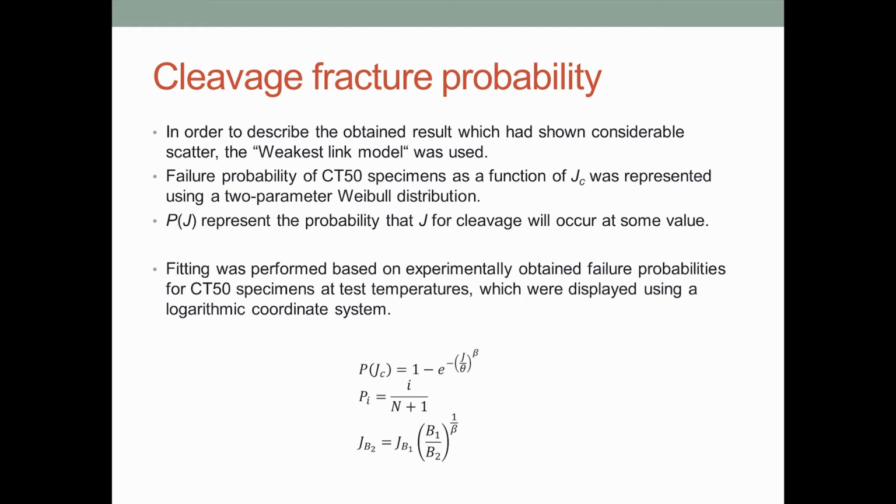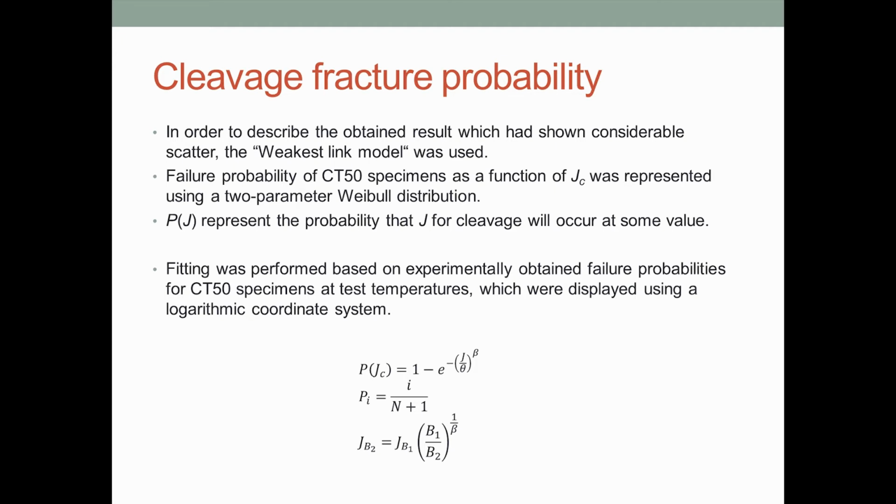P in brackets J represents the probability that cleavage will occur at some value of J. The fitting was performed based on the experimentally obtained failure probability for CT50 specimens at the minus 60 degrees Celsius temperature, which were displayed using a logarithmic coordinate system.